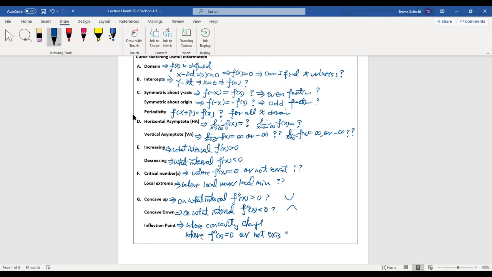So do I have all this information? Now with all this information, you will probably be able to do a very good graph of your functions here. It doesn't mean that every item has to be satisfied. Maybe you can just randomly pick a few points in order to make your graph look better, but these are the general guidelines here.